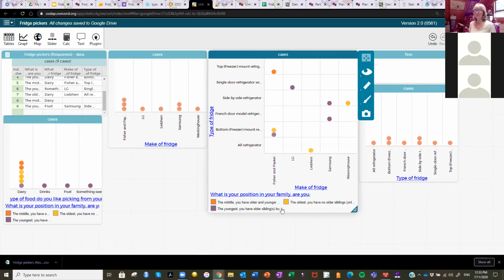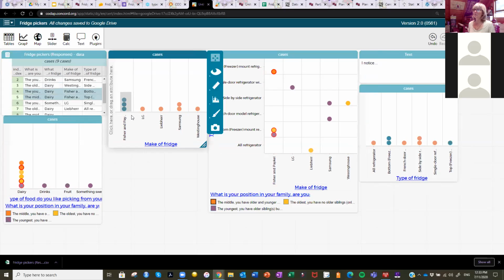Now, I just want to show you something else that Codap does. If I was to highlight all the Fisher and Paykel people in this graph here, you'll notice that they've been highlighted in this graph by being blue, and they've been highlighted in this graph. So I can actually say that the 3 people that own Fisher and Paykels also like to pick dairy.